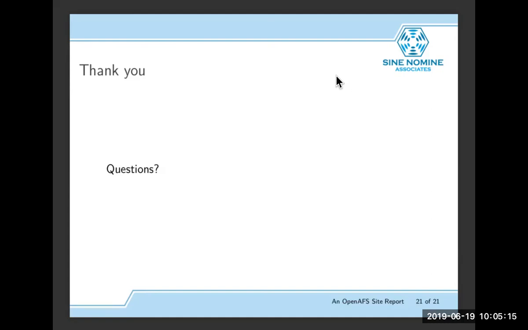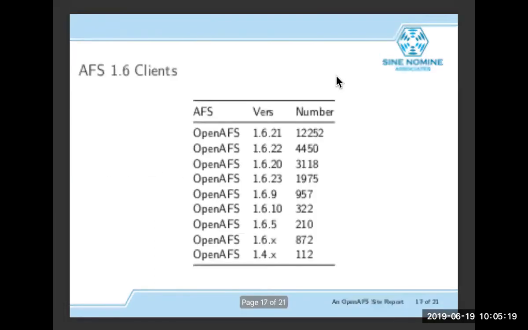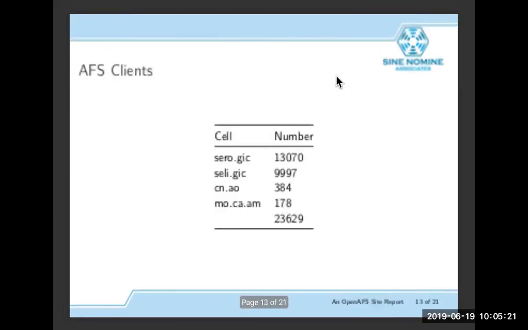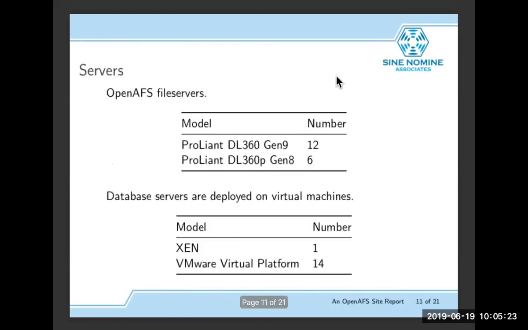It looked like you had 33 servers, and all the file servers were on physical hardware, but the database servers were all virtualized. Yes. So I'm inferring that for the file servers you need the physical hardware for the performance, but with the database servers you're not doing as much data transfer. I don't know if that's why they do it.